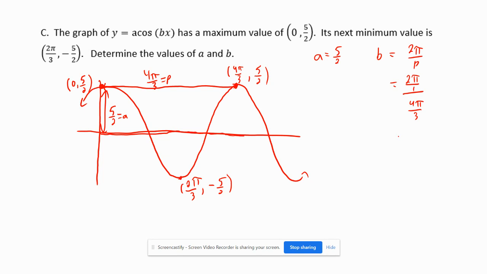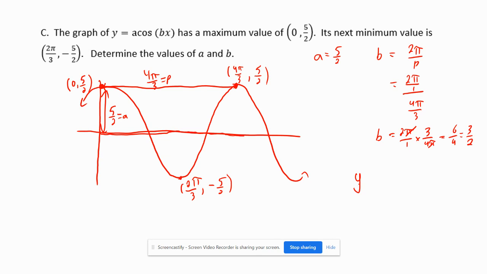Make this over 1 and multiply by the reciprocal. The pi's cancel out, equals 6 over 4, which is 3 over 2. So there's our b value.